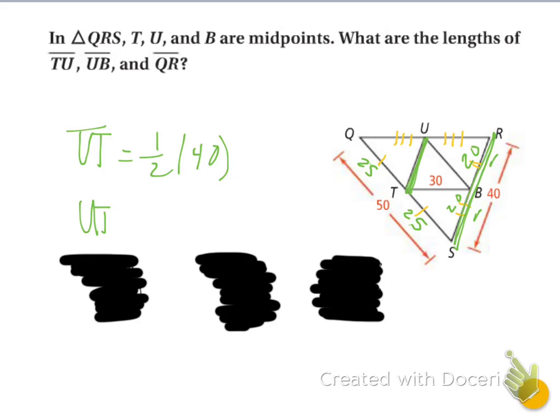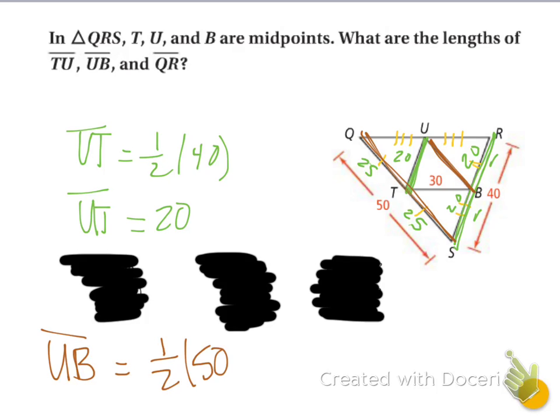So UT, or TU, is now going to be 20. Now let's do this one. This time I have 50, so I'm looking for UB. If I take half of 50, I should get UB. So UB is now 25.